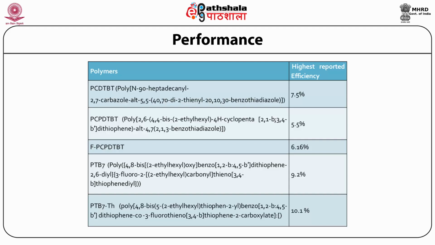P3HT is a widely used polymer in OSC due to its good stability, optical and electrical properties. P3HT has a band gap of 1.9 electron volt, and when it is combined with PCBM, its efficiency becomes 4%, which was reported by various groups and is still a workhorse material.